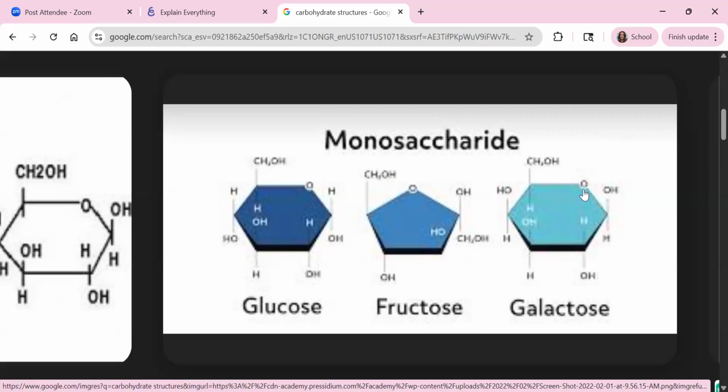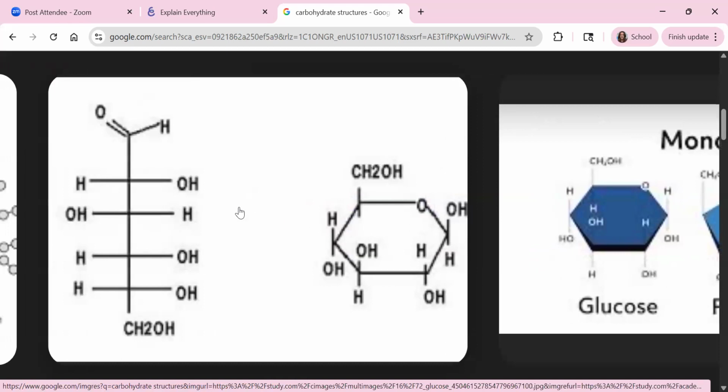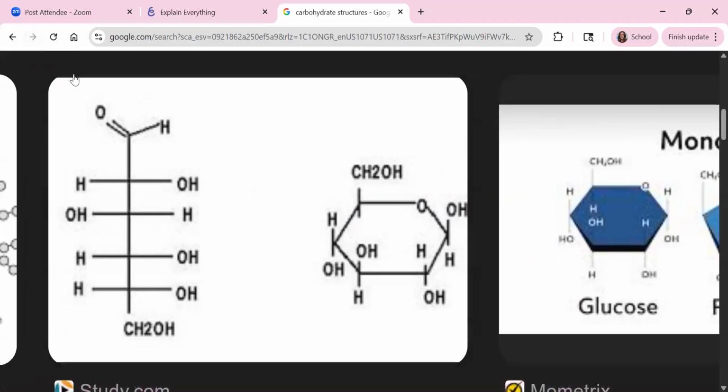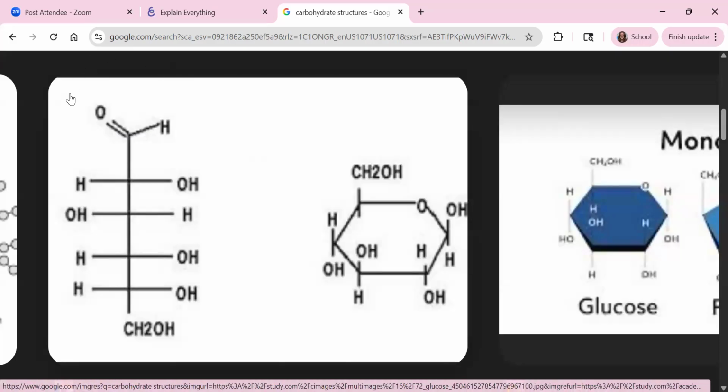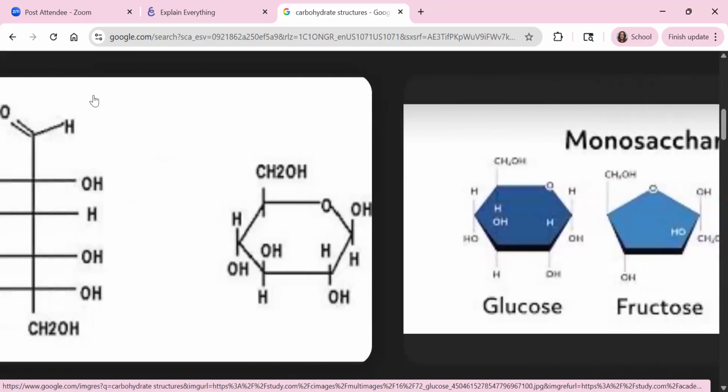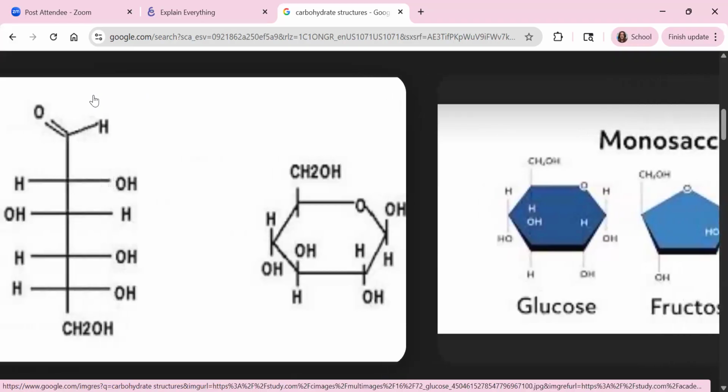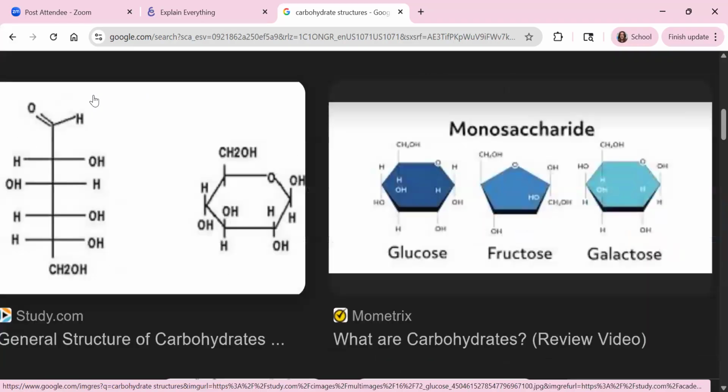That's going to be a dead giveaway for a carbohydrate. Same with these. If you see something like this, it's probably going to be a carb. If you have this CH2OH on the end and this right here, that is going to be a sugar or carbohydrate.